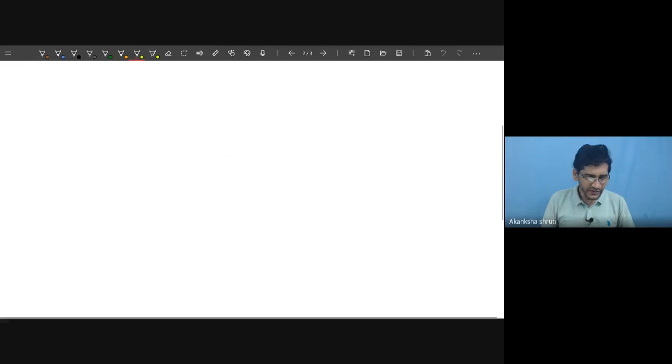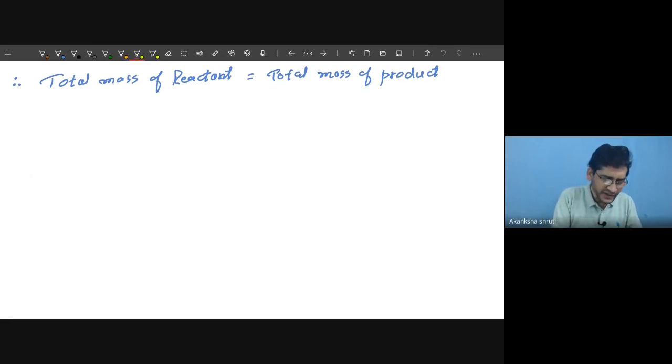So students, therefore, the conclusion can be written like this: the total mass of reactant is equal to the total mass of product. Here each was equal to 44 gram, which we have just observed. It means that during the reaction, the mass has not changed.